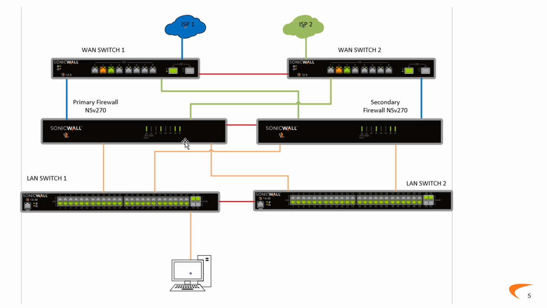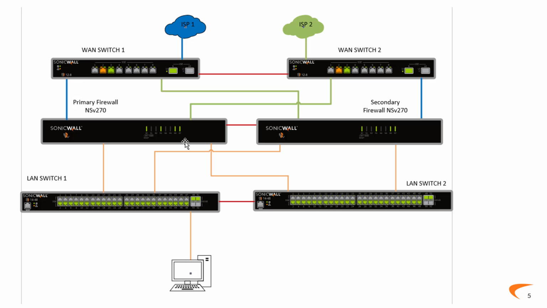So I just wanted to show you this because this would be the ideal setup that you would want to look at, where everything is redundant, including the switches in front of the firewall, the switches behind the firewall, and then you also see there's two ISPs here, which you can also put into a failover state, right? So you can have a primary ISP, a backup ISP, and then you can also have the two firewalls acting in the middle here for if there's any type of hardware failure.